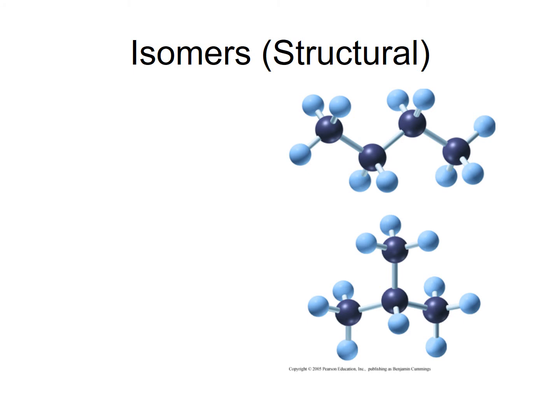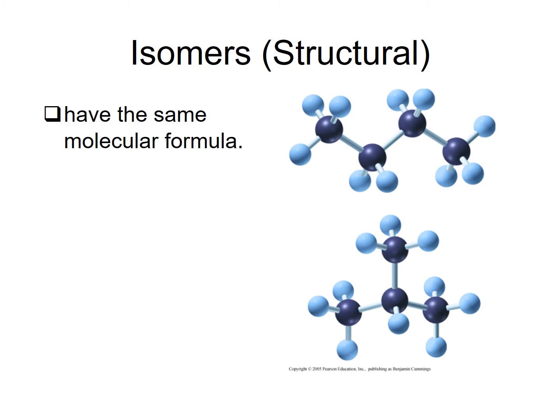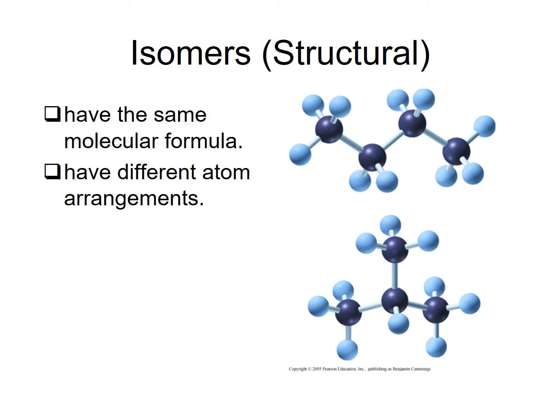Here we see two isomers of the same formula, C4H10. One has all 4 carbons bonded in a chain. The other one has 3 in a chain with a branching off carbon. They have different properties because they have different structures, but they have the same molecular formula, C4H10, with a different arrangement of atoms.